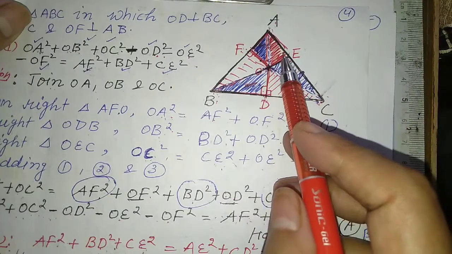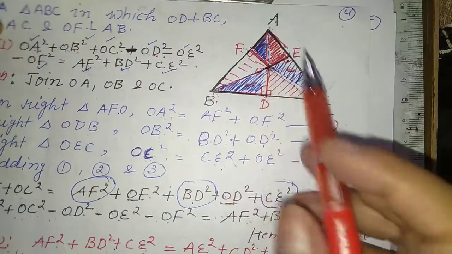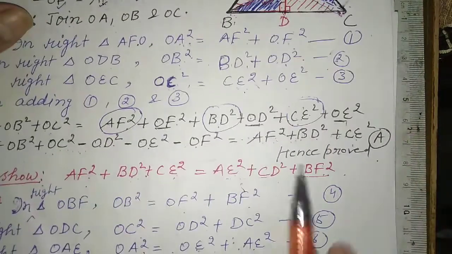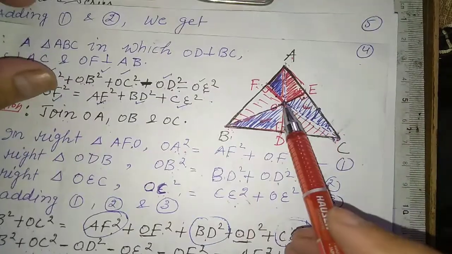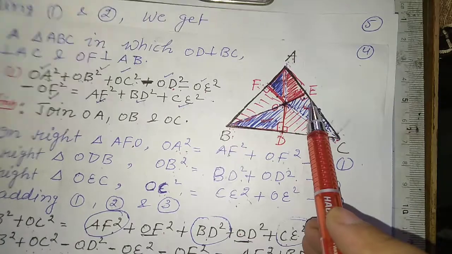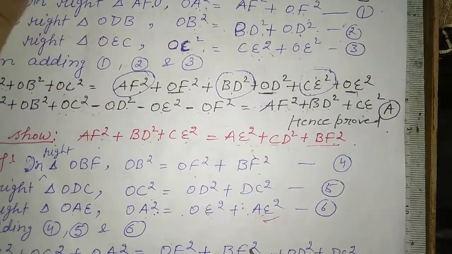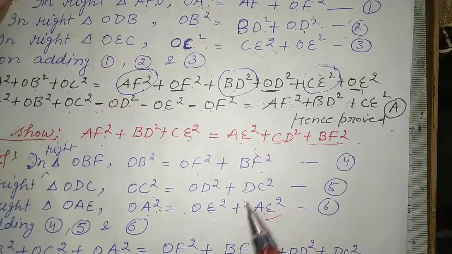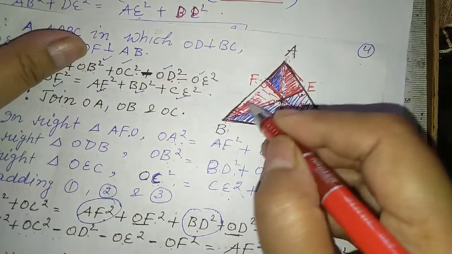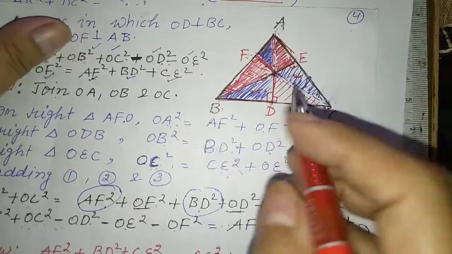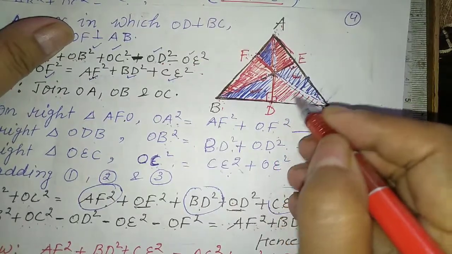Here the angle is 90, so OA is the hypotenuse. So OA square is equal to OE square plus AE square. This is our equation number 6. Similarly, we will take this triangle and this one.